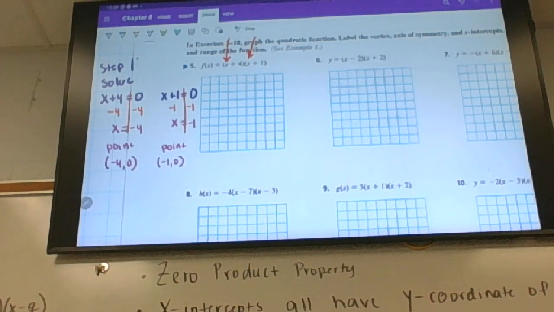Those are called intercepts. They're also called zeros, because they have zeros in them. So I have a dot here at negative 1, here at negative 4. So far, so good.